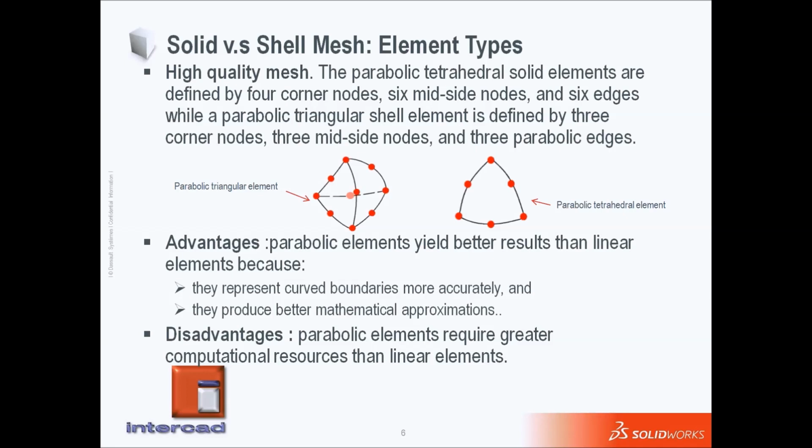However, we compromise the simulation time, as it is significantly increased, and we require greater computational resources compared to draft quality mesh. So this is the basis we needed to recap before we introduce shell elements.